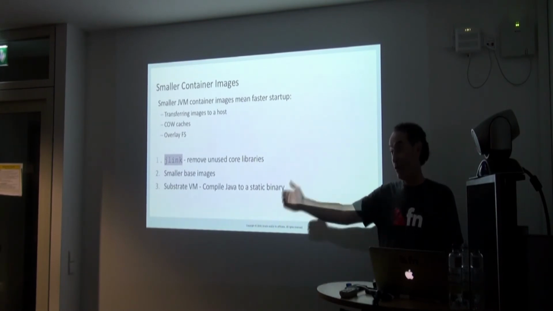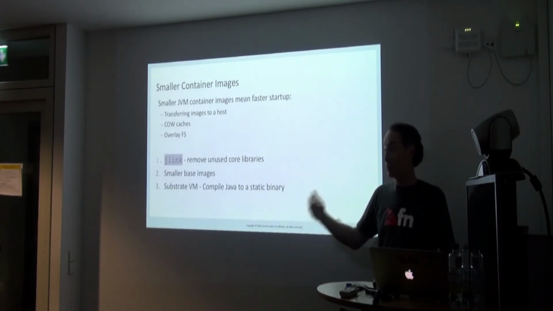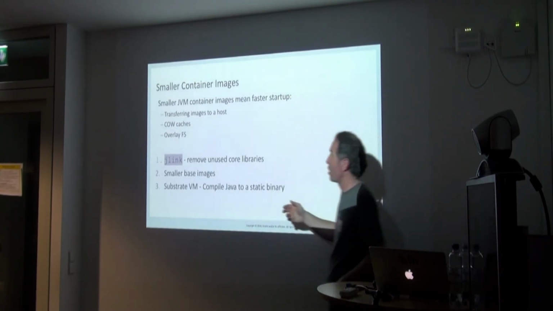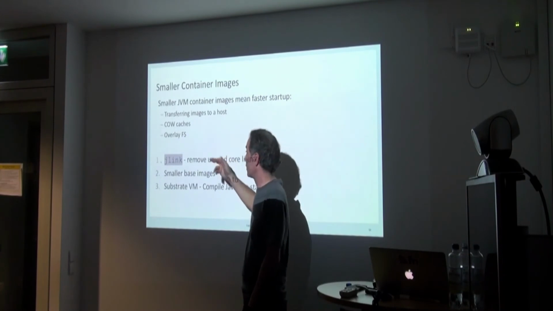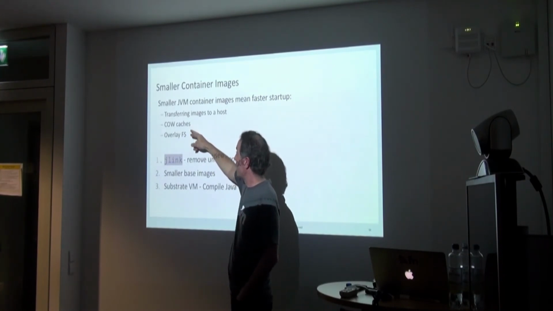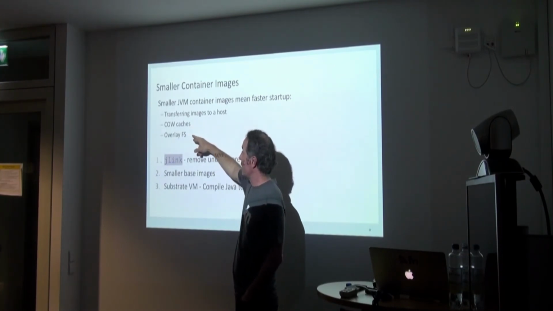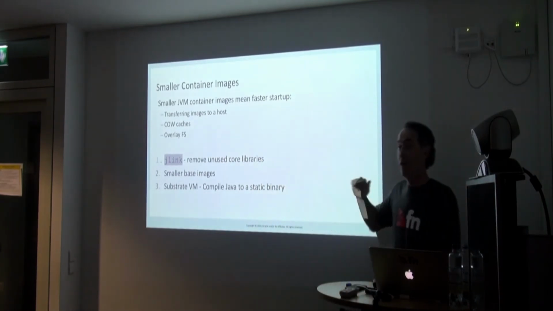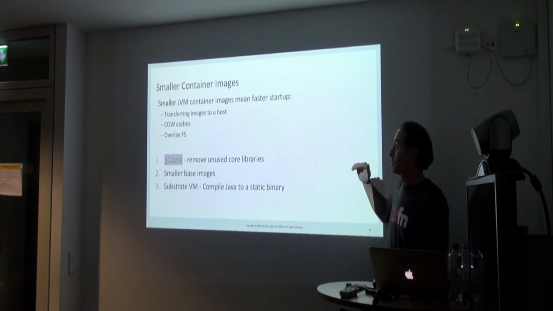I want to get that thing over there as fast as possible to respond to the customer's incoming request. The other thing is, Docker does a lot of setup. It has copy-on-write caches, it sets up overlay FS. If you have a lot of layers, it slows down boot time because you've got to get all these layers sorted through. So the goal is small images with fewer layers, which will boot faster. It's a simple set of rules we want to try and go for.